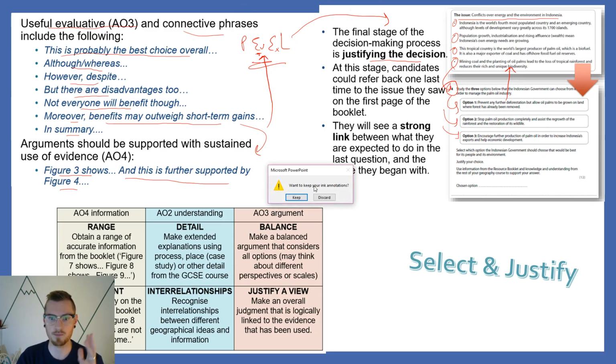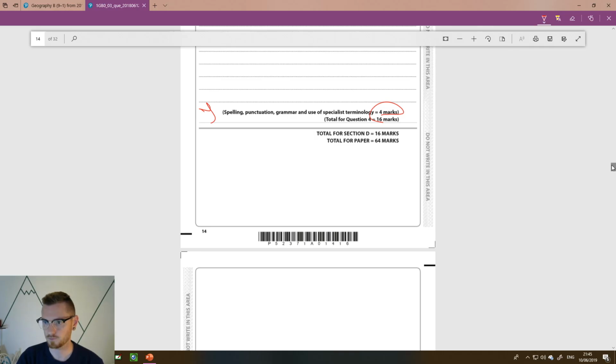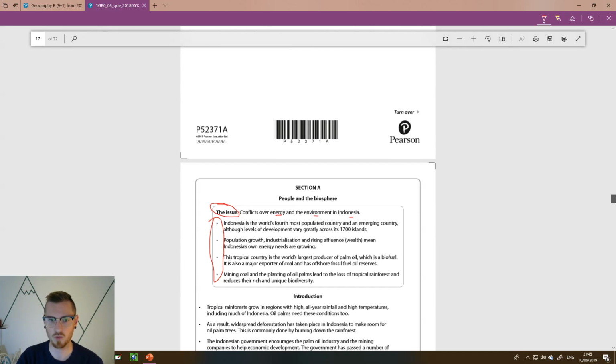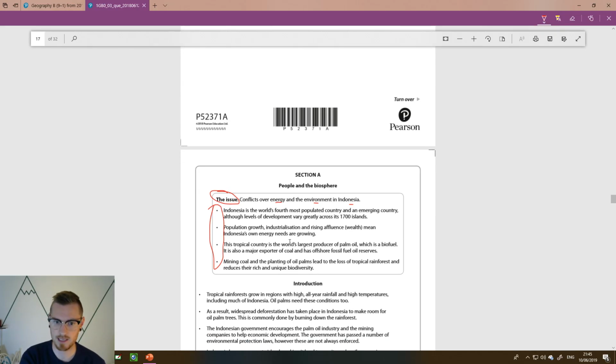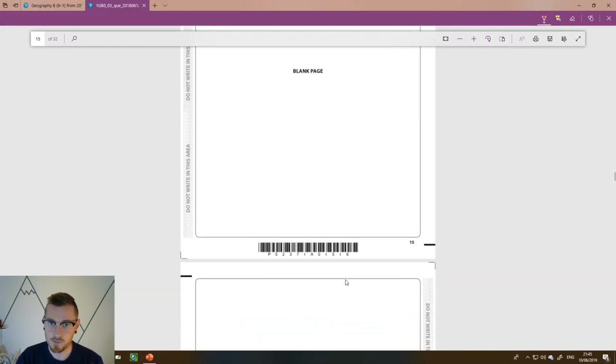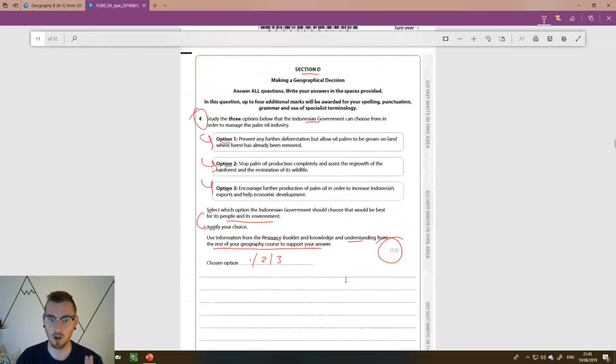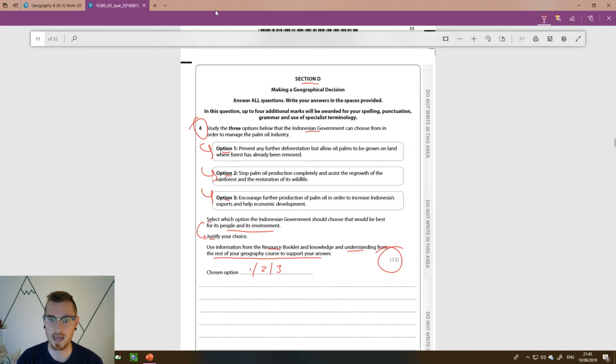But if I just go to the paper here, basically what I'm saying is, whatever that issue is, here is the issue summarized in four bullet points. Ultimately, the first bit of information you're given in the exam, in the resource booklet, is what you're going to attempt to answer in the final question by making a choice.